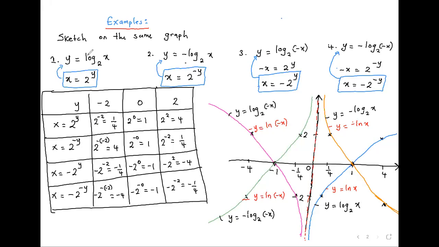In other words, these are families of curves that represent all the log graphs. These are the shapes. This is how logs will be looking like. That is the point. Oh, thank you, sir.